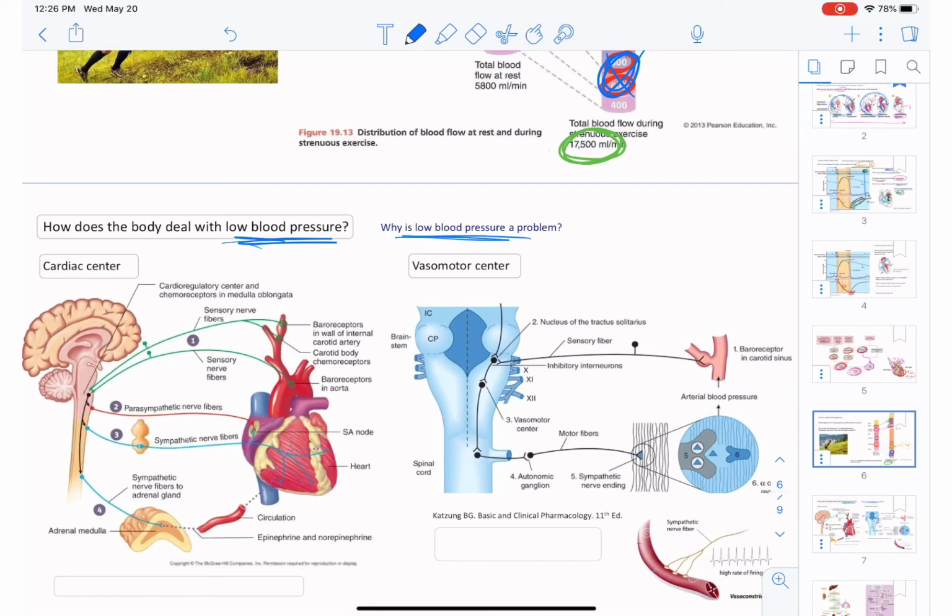And what that means is that the tissues of the body are not going to be receiving the nutrients and the gases that they need to survive. And we're not going to be able to take away the waste products. And that's bad because as a result, the tissues can become damaged and they can die. So how does the body detect that, and how does it respond to that? And that's what we're going to look at.